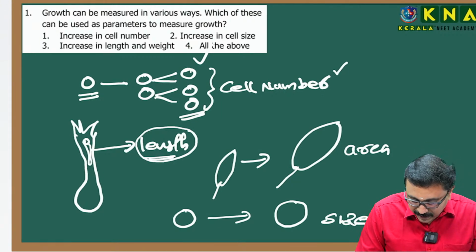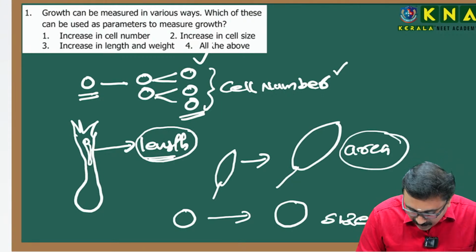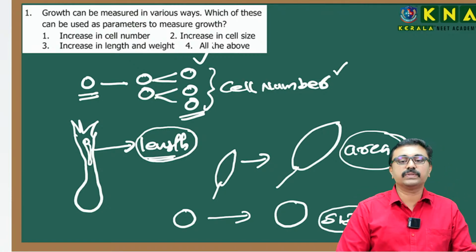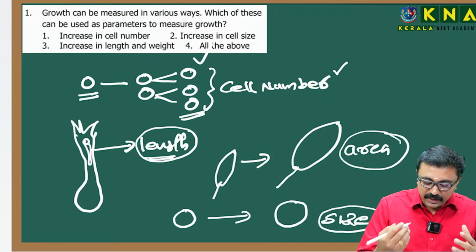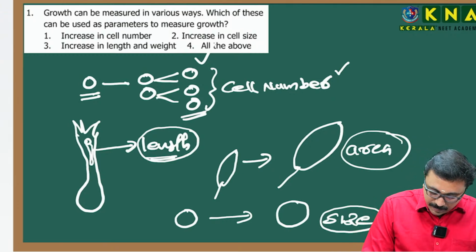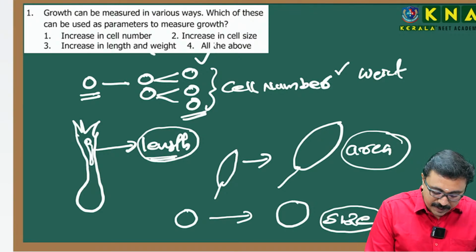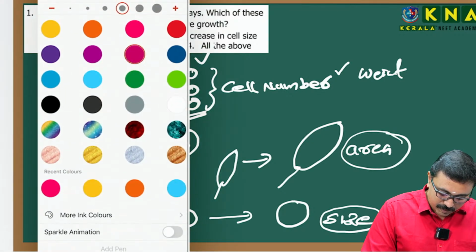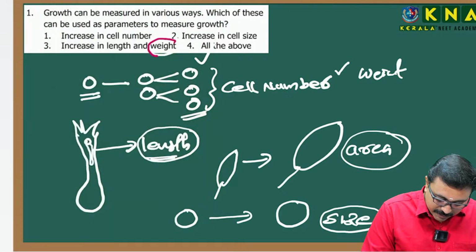In the case of a leaf, we can use the area, and in the case of a fruit, we can use the size. Another parameter is weight. We can calculate the weight as well.